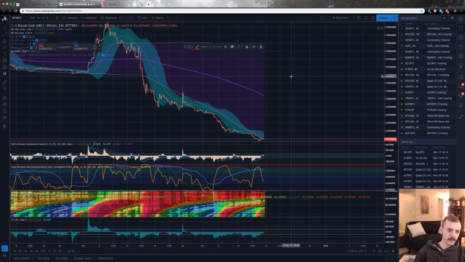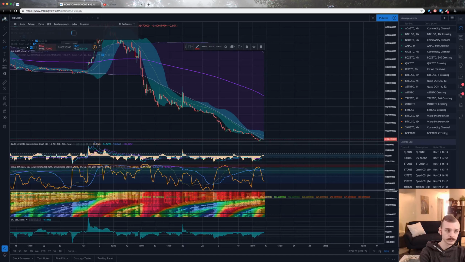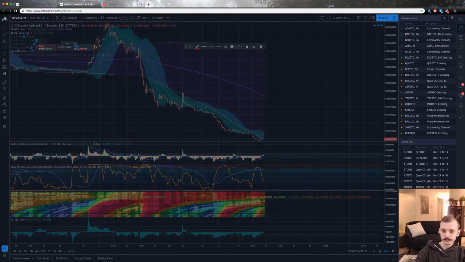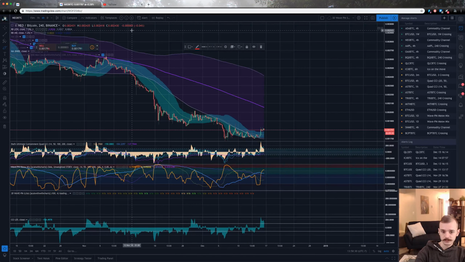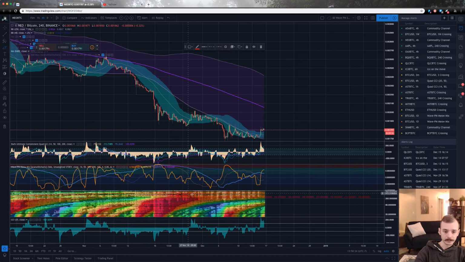Yeah, I'll do Neo because I mentioned that the other day. And that's going to be the last coin I do. Another good chart. I like this one. Right? So we're looking for the 400 period.